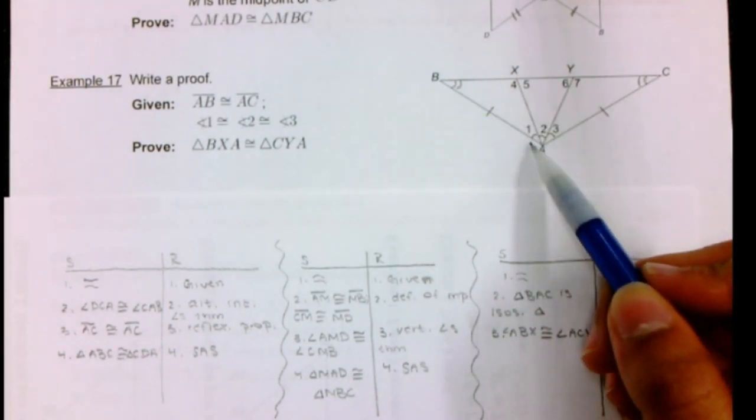So ABX is congruent to angle ACY. And then, since we know these pairs of angles are congruent to each other, and this pair of sides are congruent to each other, we can use the ASA congruence theorem to prove that these triangles, BXA and triangle CYA, are congruent to each other.